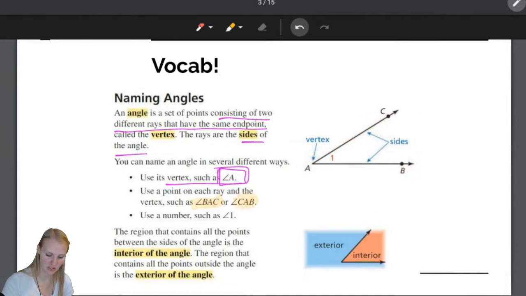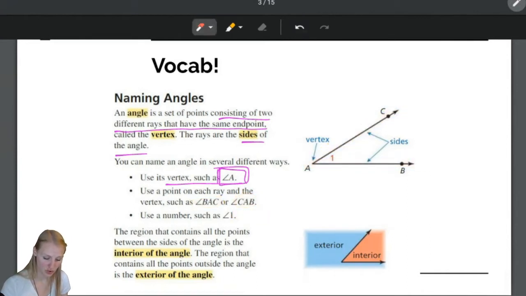So I can start at C and say angle CAB. See how it draws it out like that? When you say CAB, it's like connect the dots. It's like those fun connect the dots puzzles that you had as a kid. Or maybe you didn't. I don't know. But if you connect the dots of C, A, and B, you will get an angle that looks like this. So that's another way you can name it.